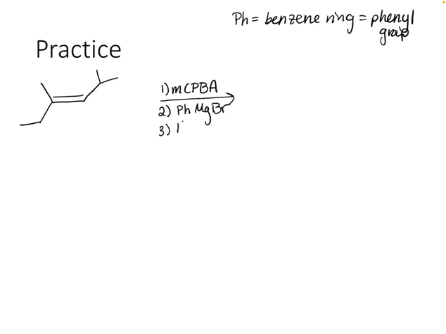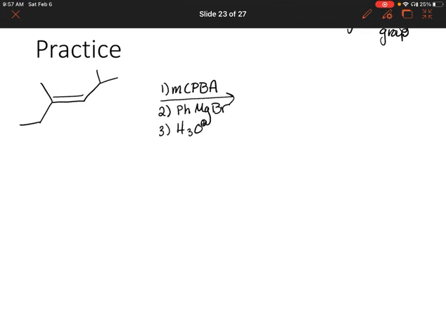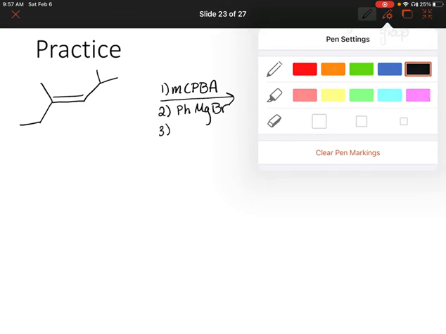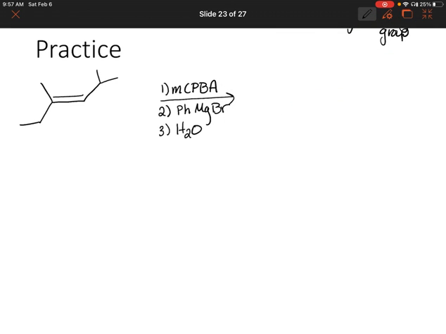And then third, we're going to add acid. Or actually, let's not add acid in this case. Let's add H2O, just to make it clear that we're not under acidic conditions. So these will be non-acidic conditions. Okay, so let's see if you can figure out what the products look like. So pause the video, try this on your own first, and then we'll go over it together.